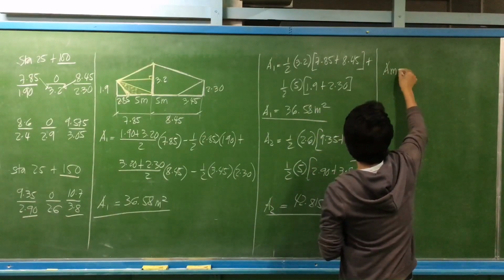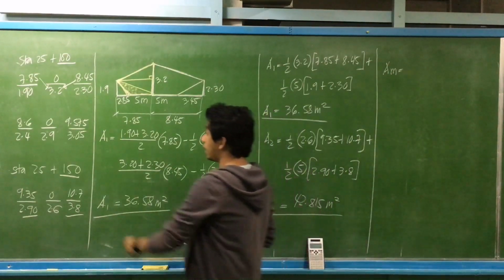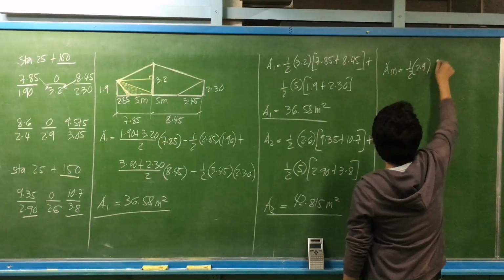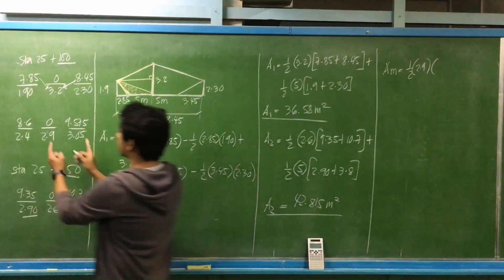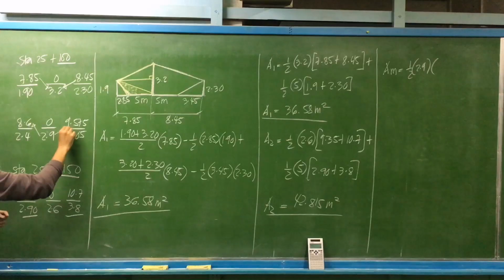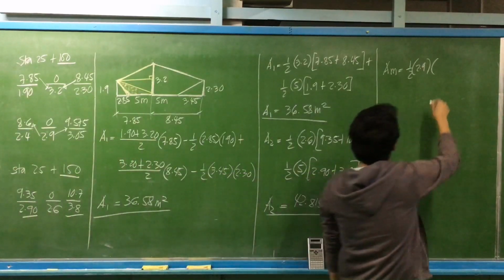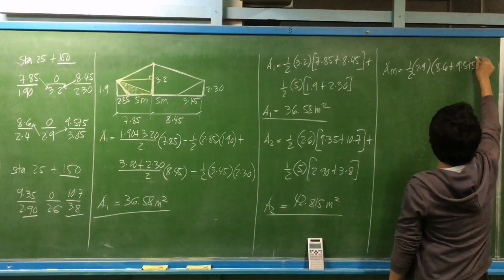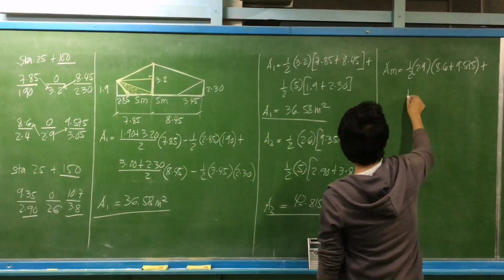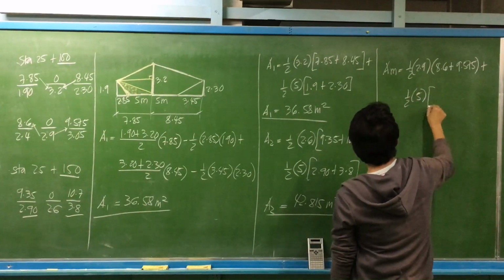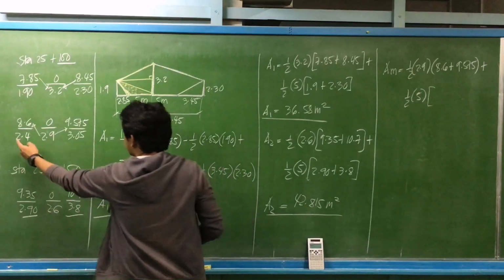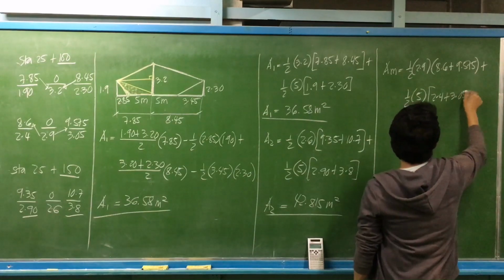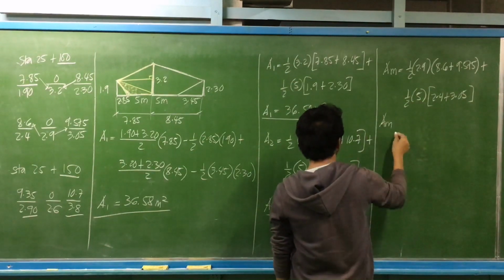For the area mean, the same procedure: 1/2 of the center value, 2.9, multiplied by the two on top, 8.6 plus 9.575, plus 1/2 of the roadway, 5 meters, times the two at the bottom, 2.4 plus 3.05. Let's get the area mean.